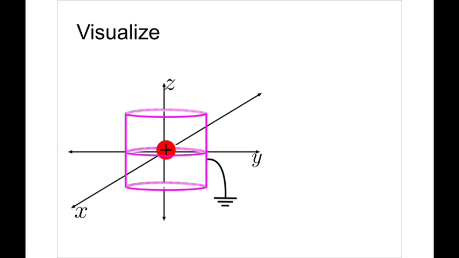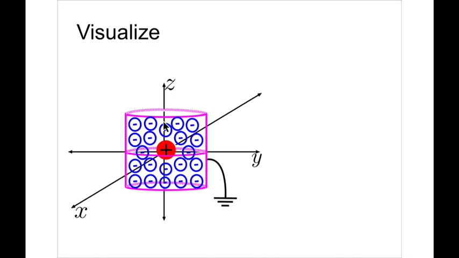So when I have this lone point charge in here, this will attract the negative charges from this reservoir of charge to the outer surface of this cylinder. I'm going to show you what that looks like. Please take note that this is not an exact depiction of what this would look like, but just an illustration. And this point charge will keep attracting these negative charges until it can't do it anymore. That is, until the forces are balanced.